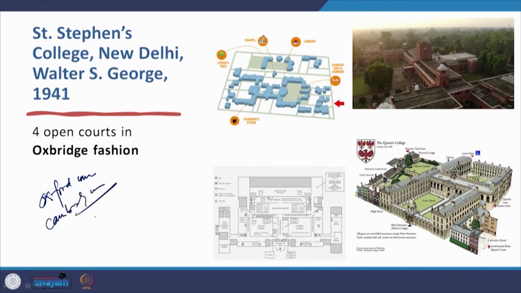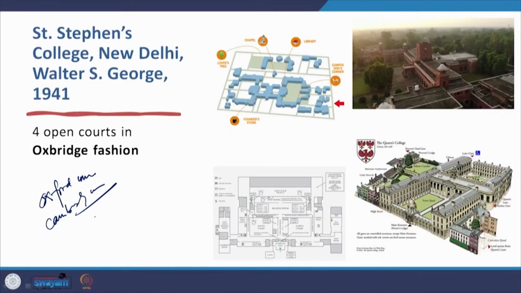So the plan of Stephen's was close conceptually to the plans of Oxford and Cambridge. So this is Cambridge, this is Oxford. As you can see, there are these courts here, and then there are the built forms around it, and this also has 4 courts, 2 big ones and 2 small ones. This is where we enter the college.